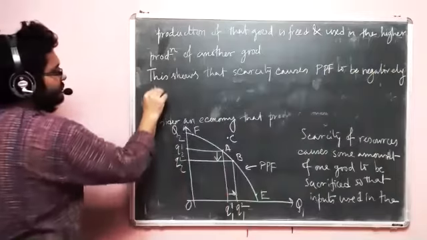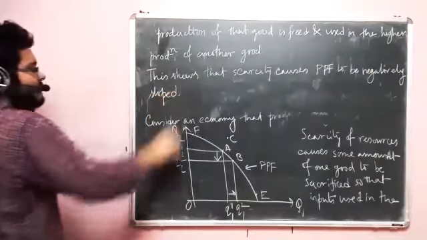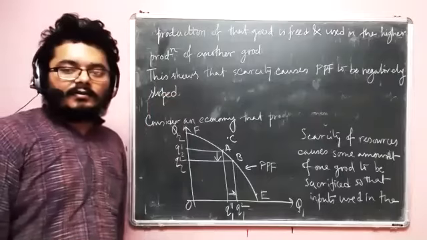Negatively sloped, right? So you cannot keep on producing higher and higher amounts of both the goods.